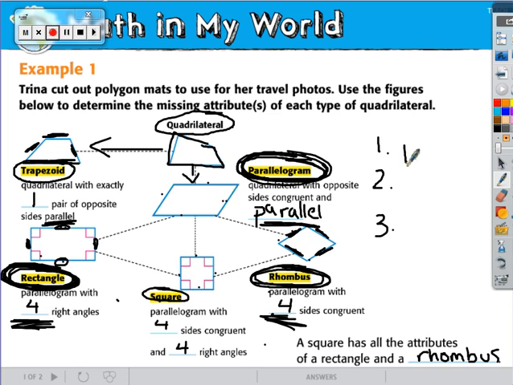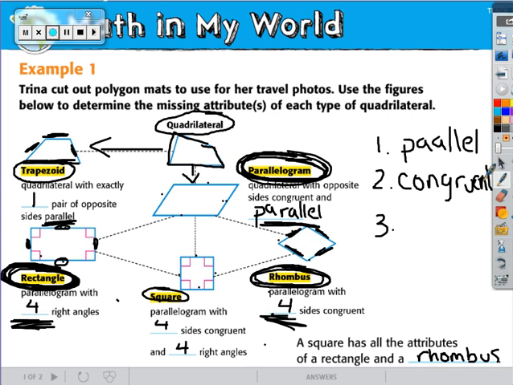So, are the sides parallel? What's next? Congruent. Are the sides congruent? And are they all congruent? Or do we have 2 pairs that are congruent?